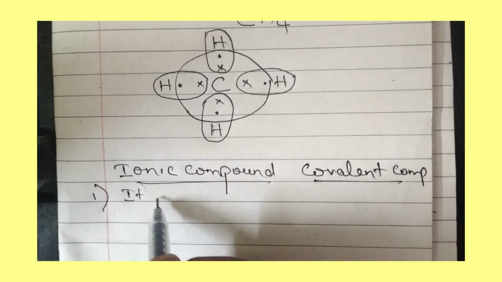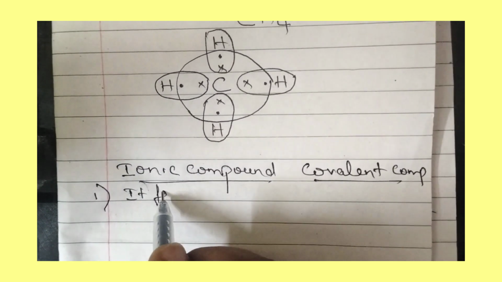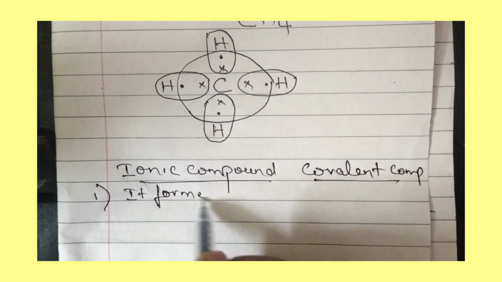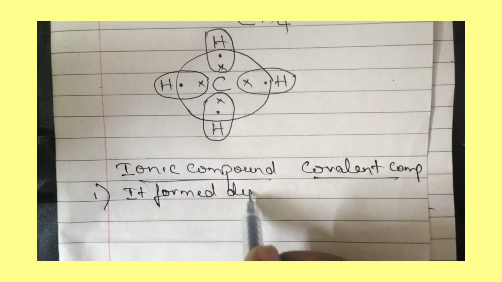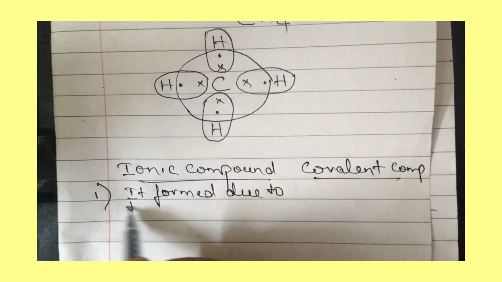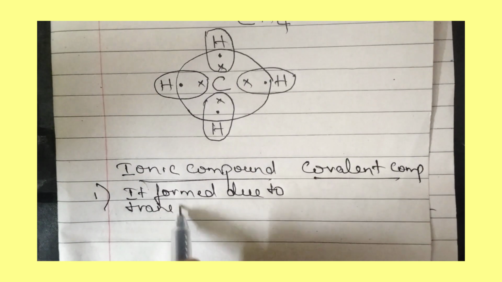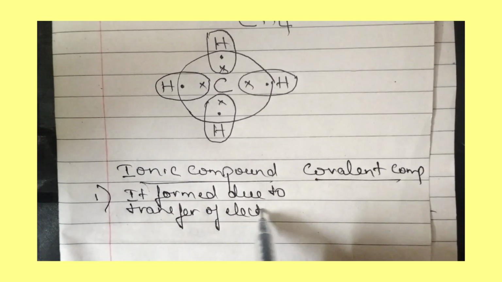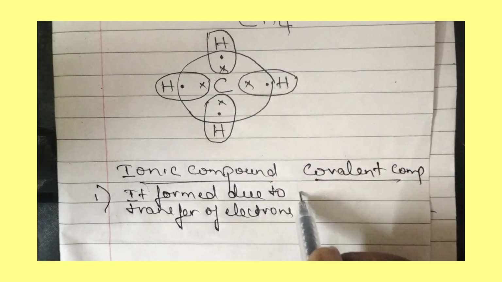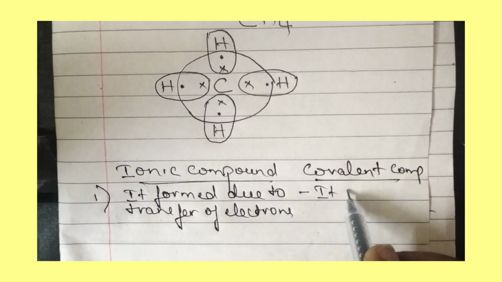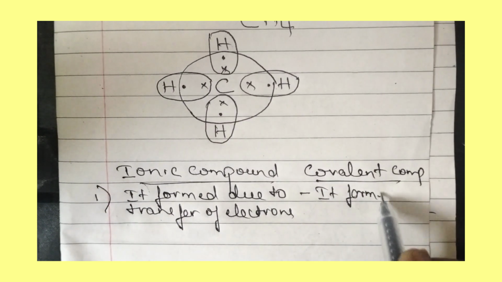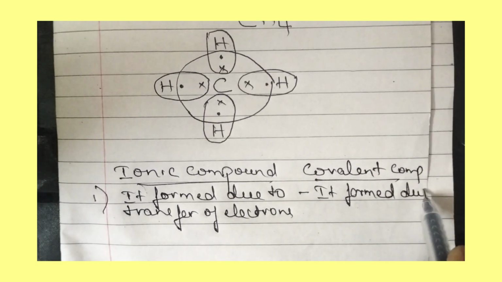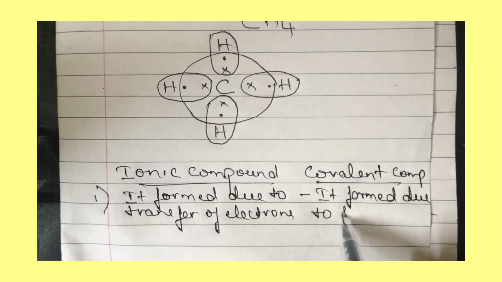Ionic compound is formed due to transfer of electrons. On this side, covalent compound is formed due to sharing of electrons.